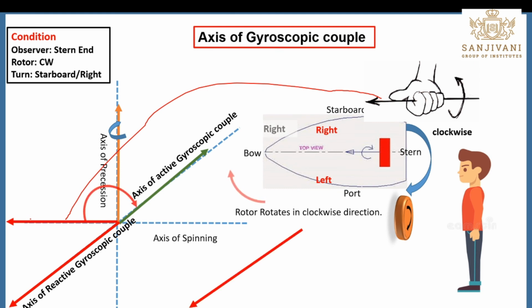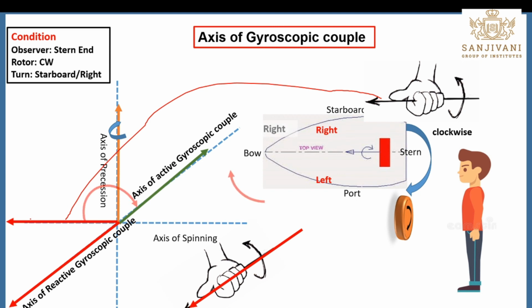Again, you have to make the same orientation of your thumb along the direction of this axis of reactive gyroscopic couple, and you have to see the direction of your fingers, which is the anti-clockwise direction.